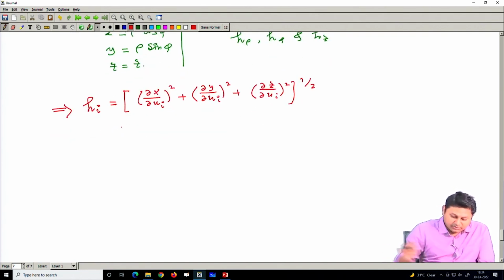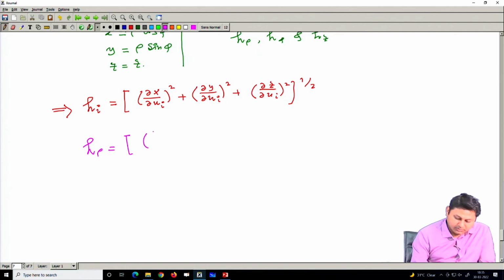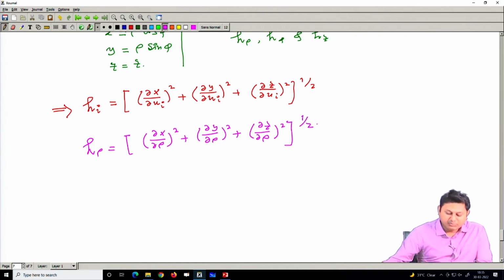What is the first thing I calculate? H rho. So, H rho will be how much? Let us calculate. It will be del x del rho square plus del y del rho square plus del z del rho square, whole to the power half, according to the recipe.